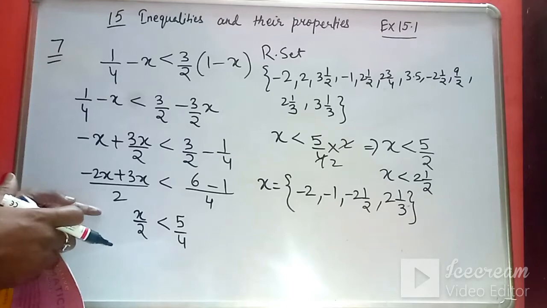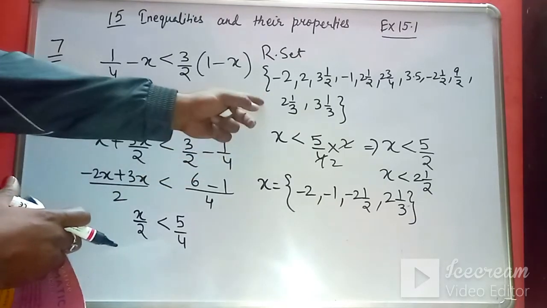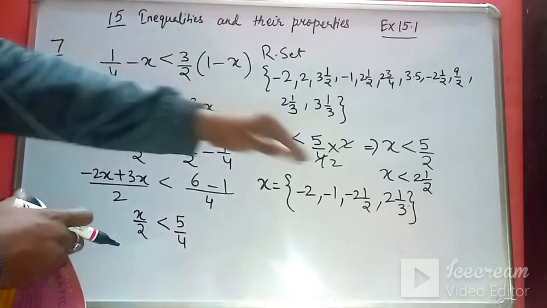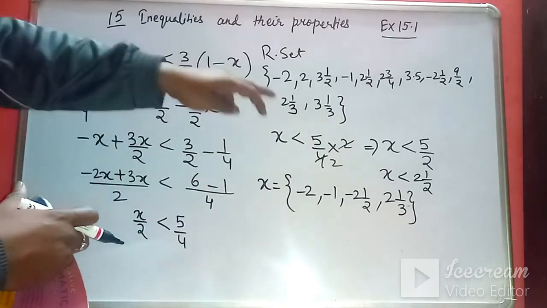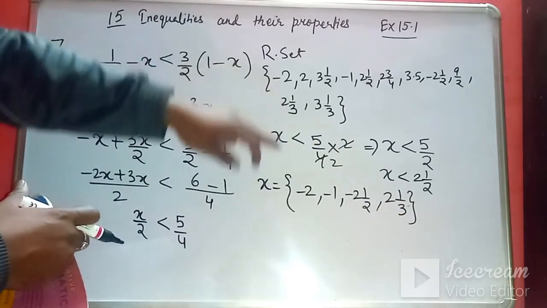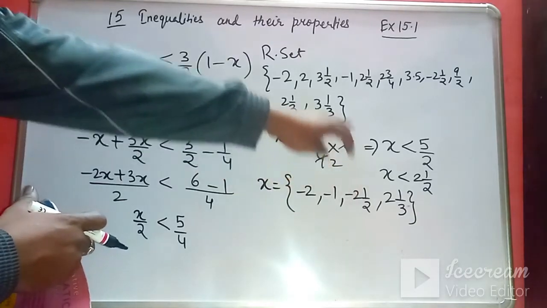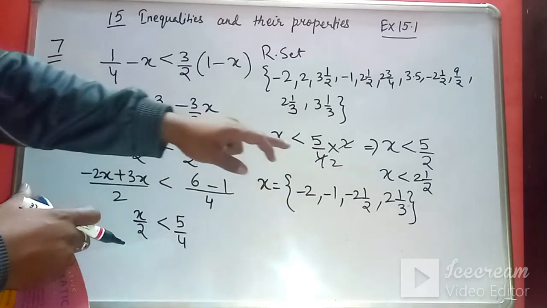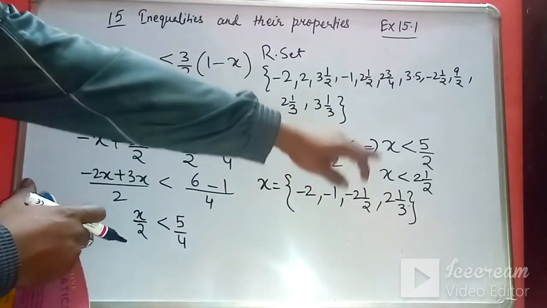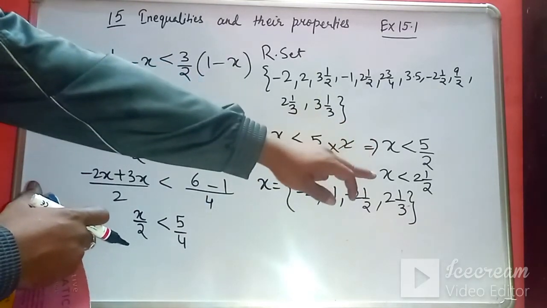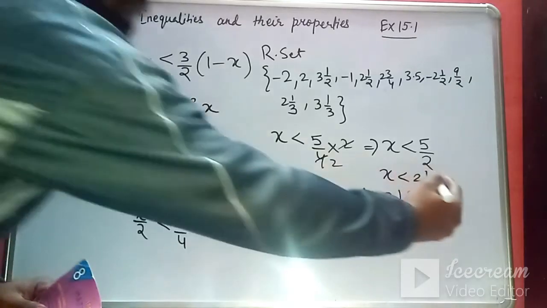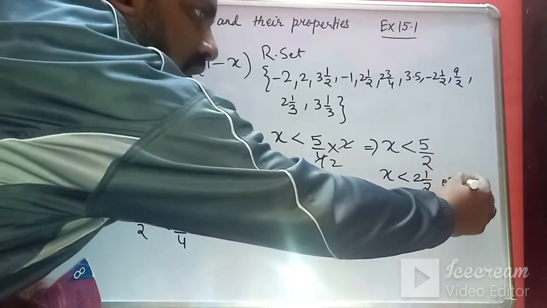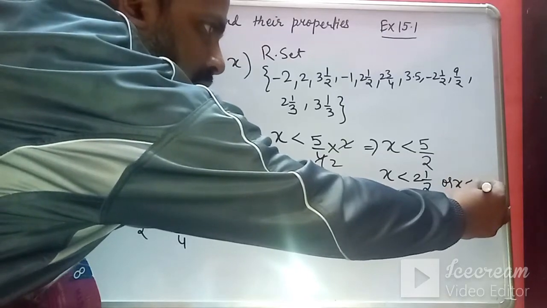So after solving the inequality, we got the value x less than 5 by 2 or x less than 2 and half, and then we will take the intersection of these two sets. So we will get these values. You can check it one by one, and all the values which are less than 5 by 2 or less than 2 and half, or we can write x less than 2.5 also.